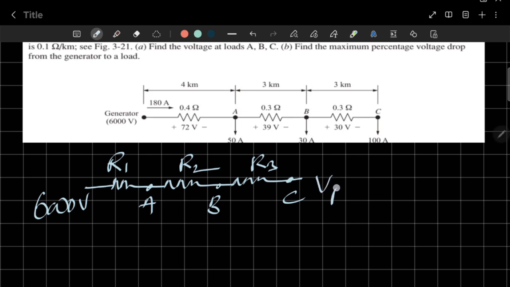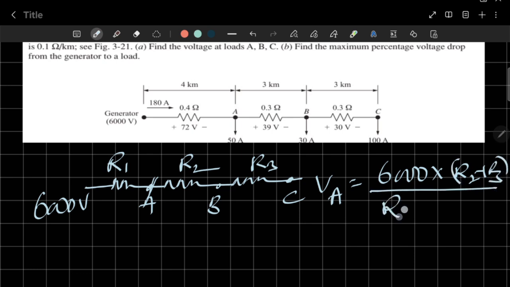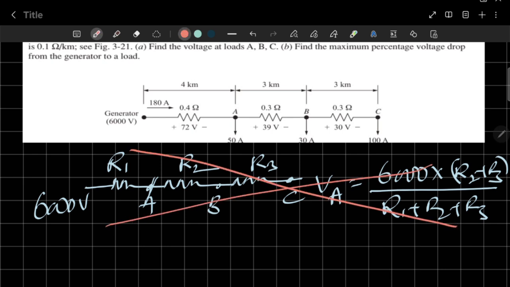For example, if you want VA, you can write 6000 into R2 plus R3 by total resistance R1 plus R2 plus R3, the node voltage being with respect to ground. But in the given problem, that is a wrong method.